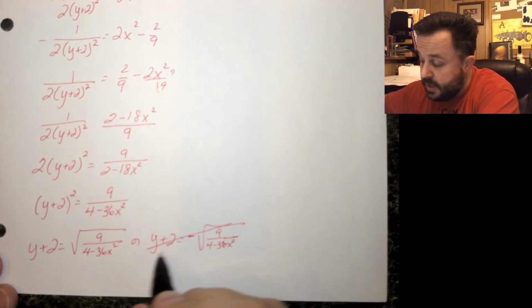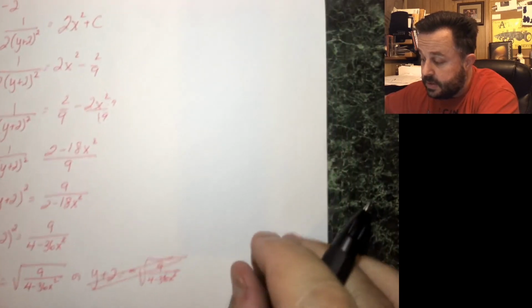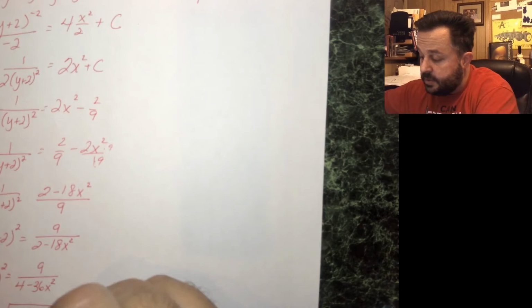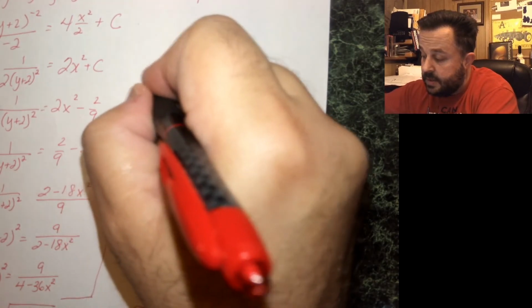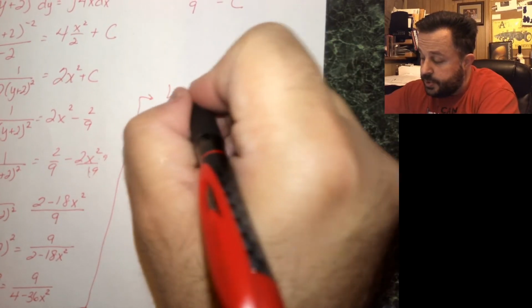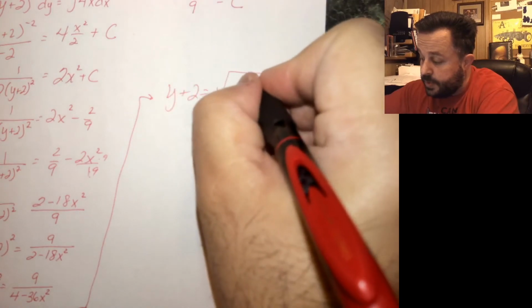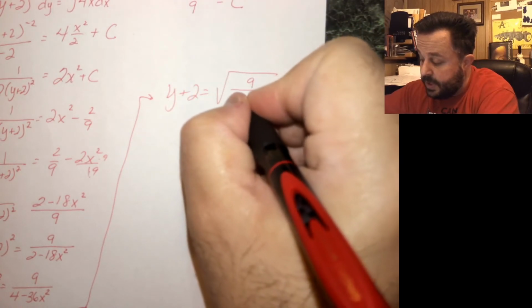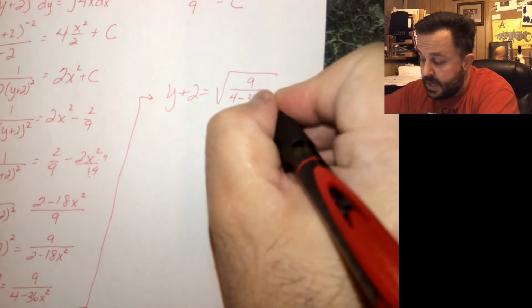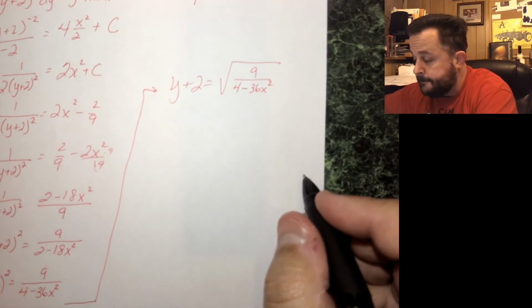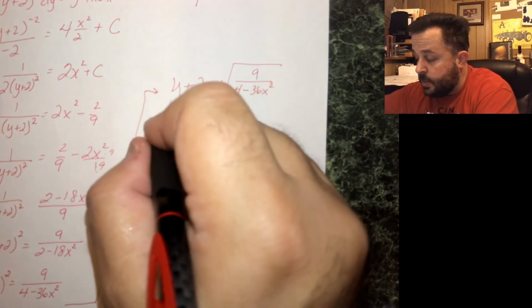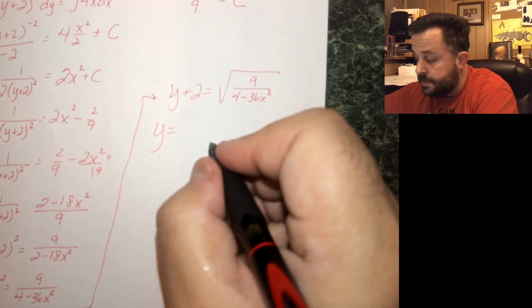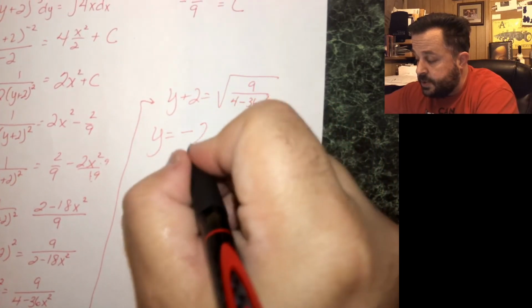So we want the positive version over here. So I'm going to come back up here and draw myself a nice little line. So we get y plus 2 equals the square root of 9 over 4 minus 36x squared. And let's take away 2. So I get negative 2 plus.